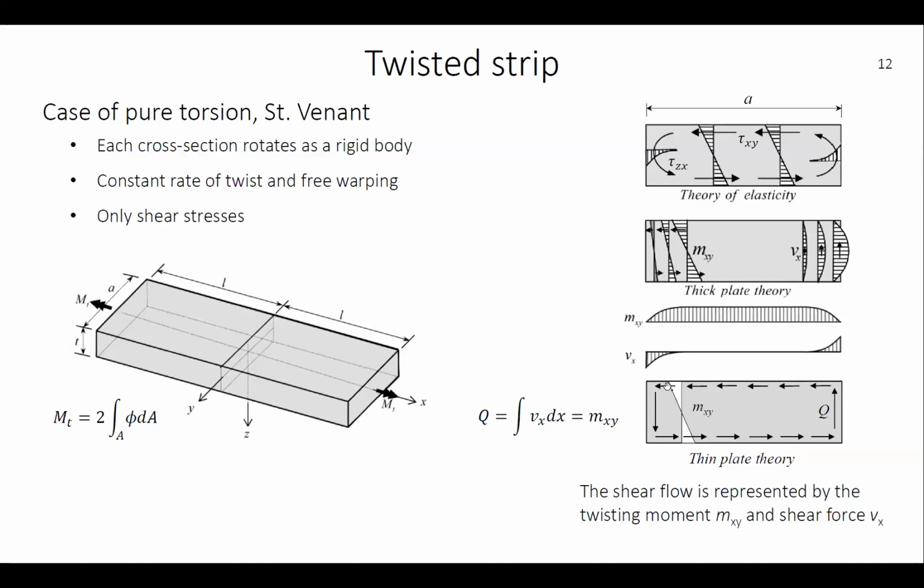So you have a constant mxy along the section, and then for equilibrium you will need to have a shear force in the very end. This is also something that you will study in exercise A when you compare thick plate and thin plate theory, and look at the sectional forces at the free end.